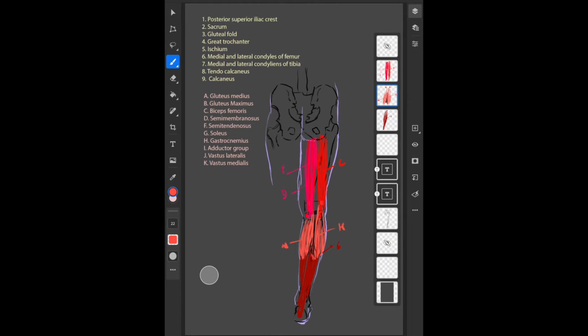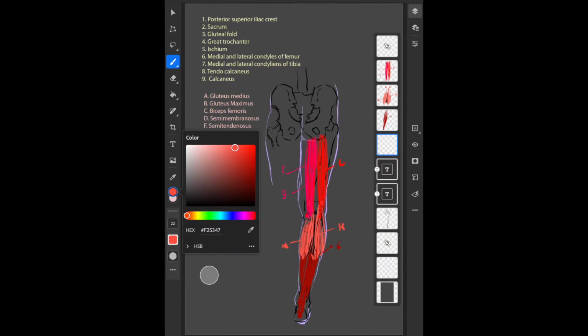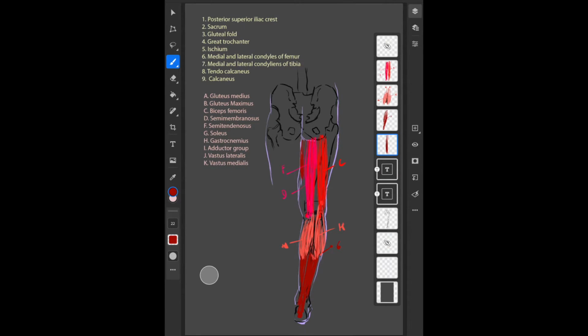Well, the contours on the inside of the leg and the outside of the leg are formed by muscles that are visible from the front. So let's do this. Let's use a really dark red here. On the inside, we have our adductors here, and then we see a little bit of the Vastus Medialis on this side here.